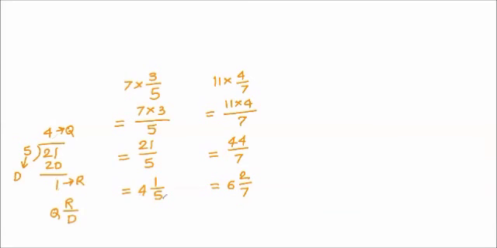Same way for 44 upon 7, 7 6s are 42, subtract 42, remains 2. So this is Q, which comes here as 6. This is R, which comes as a numerator here, and this is D, which comes as a denominator.